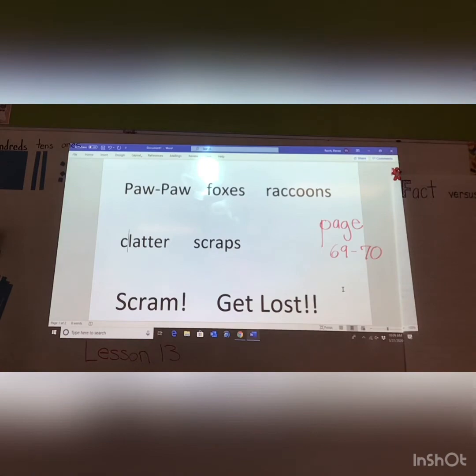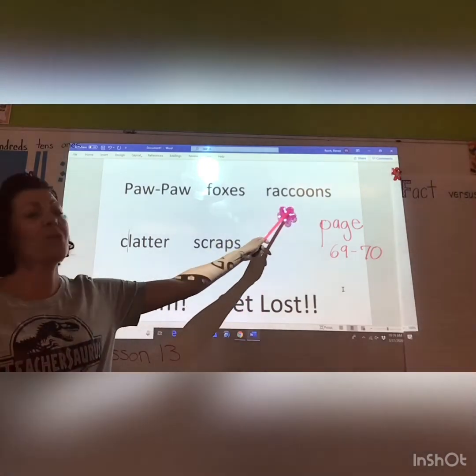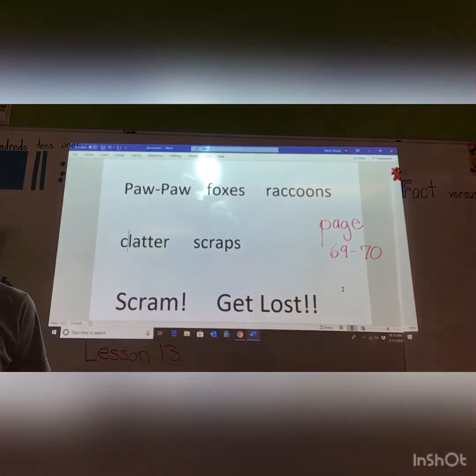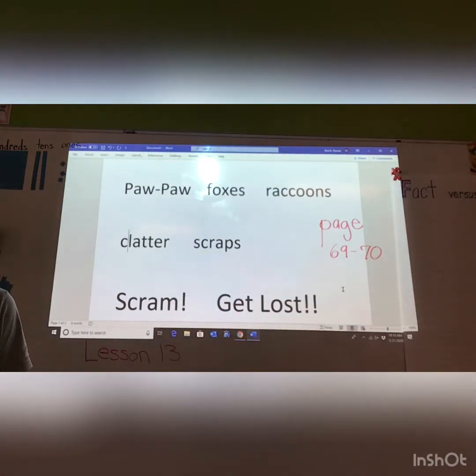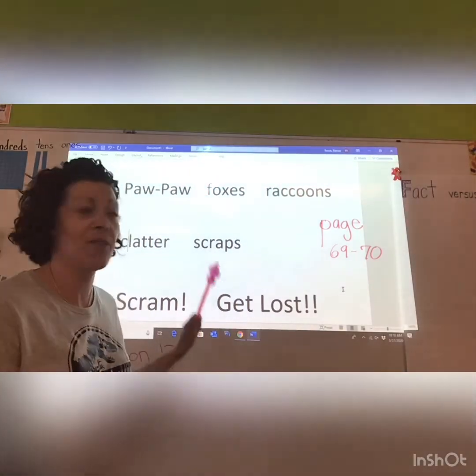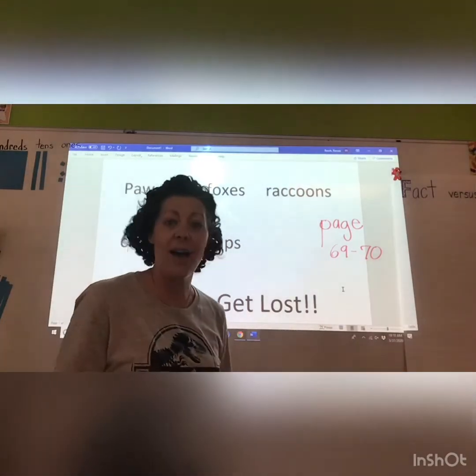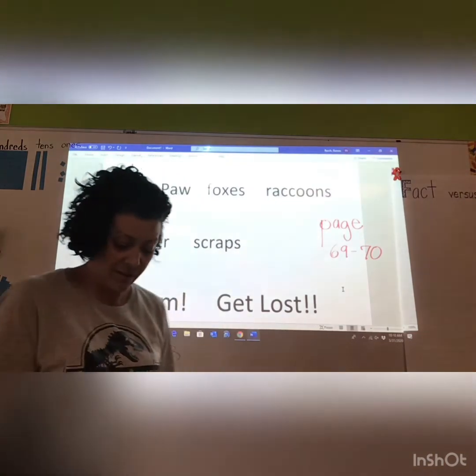The next word we may find in our story, The Visit, raccoons. Raccoons, furry animals about the size of a cat that usually live in the woods. Sounds like a great plot if Paw gets together with some foxes and some raccoons.